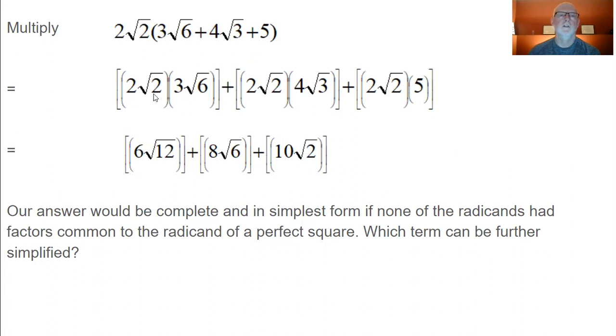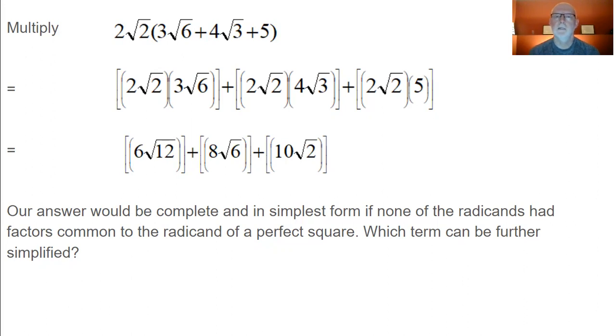So we have a situation of 3 times multiplying monomial radical expressions together. So we get 6 root 12 plus 8 root 6 plus 10 root 2.